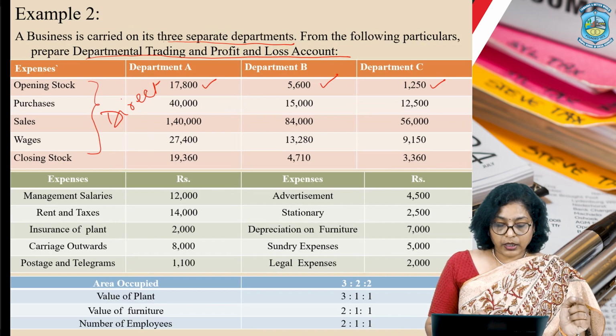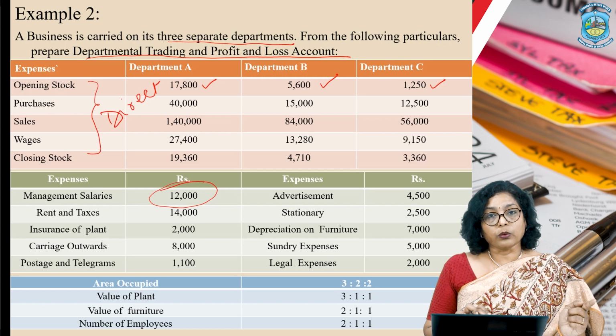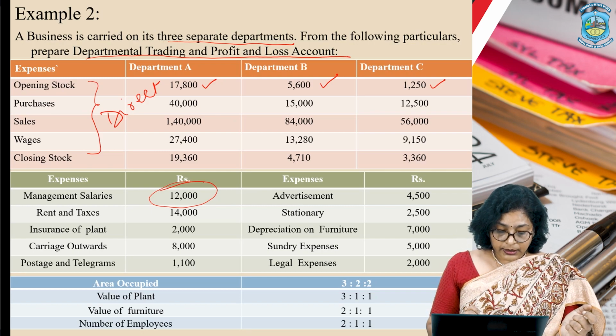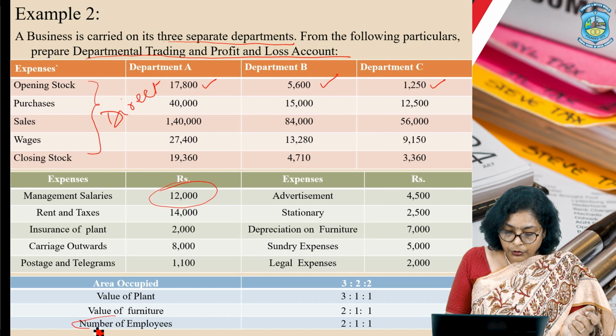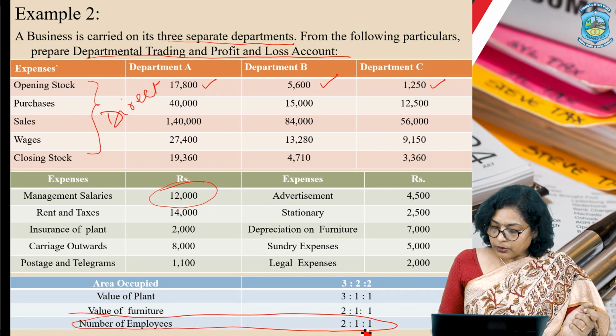The first one, as you are seeing here, is management salary. This is incurred as a whole, 12,000. So, how will we allocate this salary among the departments? The appropriate basis of allocation will be the number of employees, if it is provided. In this question, you find the number of employees ratio is 2:1:1.